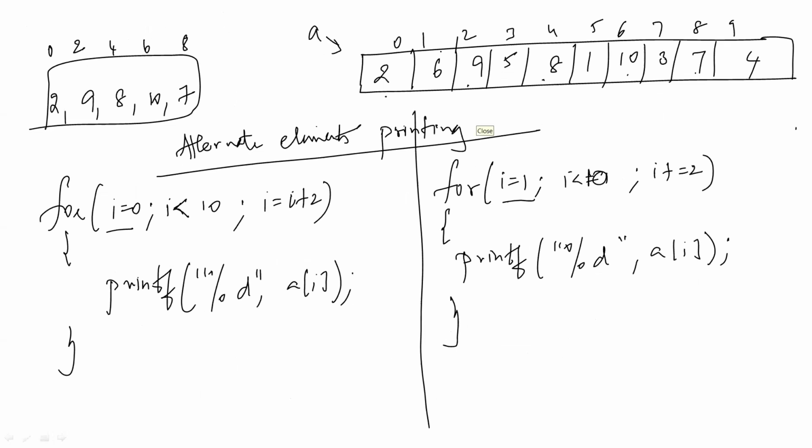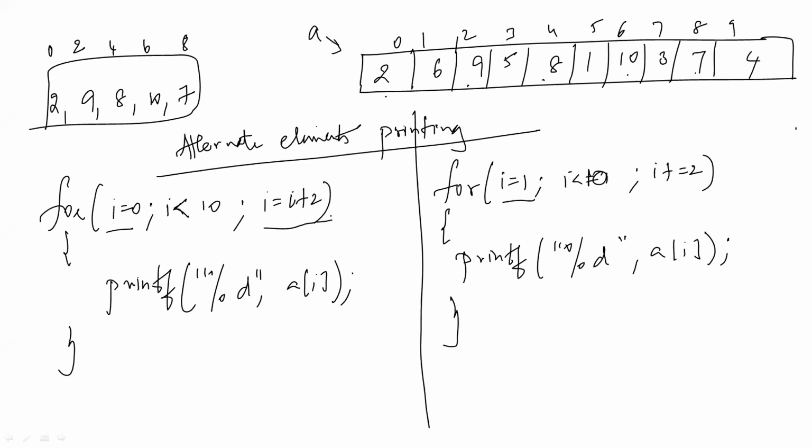Yes, sir, we can write it, but why should I use a conditional statement when I'm able to do it like this? When the question is clear and I should increment every time by 2, why should I write a conditional statement and put pressure on the system of checking the condition?